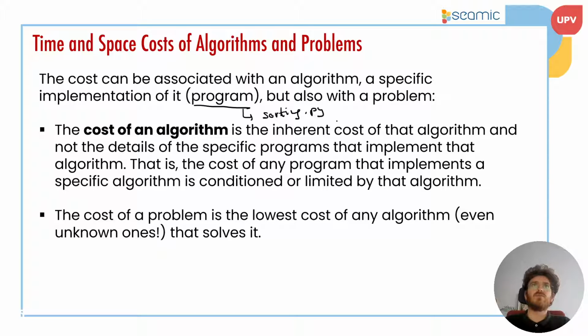We can say how long that takes to run, but we can also talk about the cost of a specific algorithm, and then we can talk about that algorithm in the abstract, absent any specific implementation. And finally, we can also think about the cost of a specific problem, and that would be the lowest cost of the fastest algorithm that solves it. And for example, for a few problems like factorization of primes, there are new algorithms coming up with quantum computers that lower the cost every day.